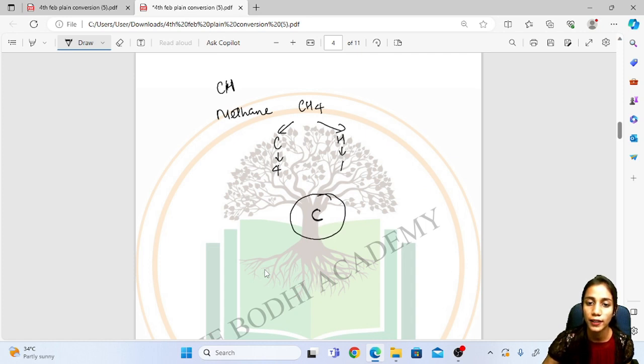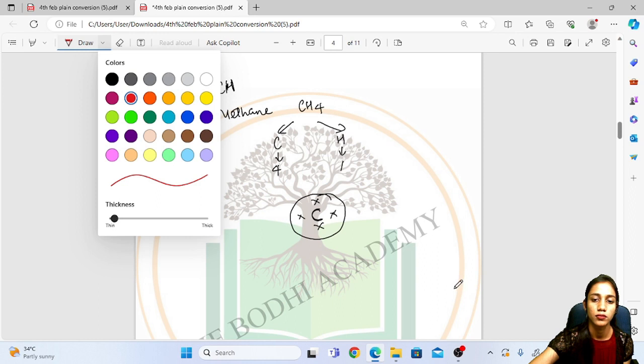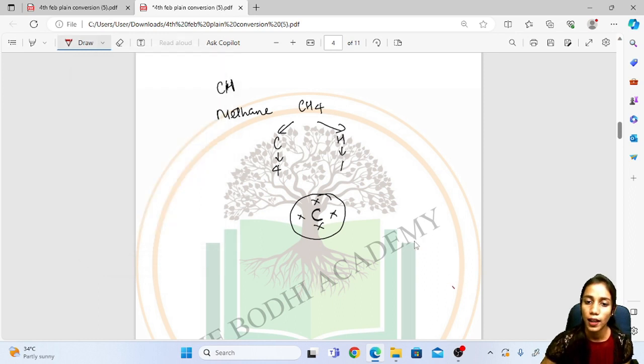So this is my atom carbon. I will represent these 4 electrons of carbon. Now there are 4 electrons carbon can share, and one hydrogen requires only 1 electron to attain a valence shell.